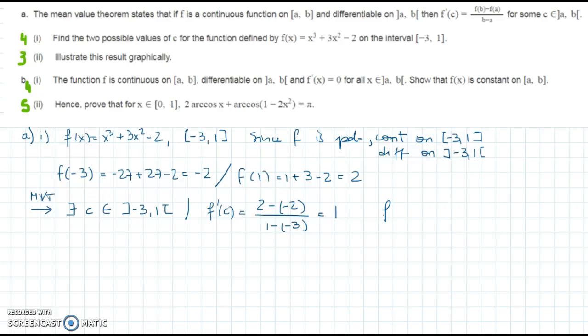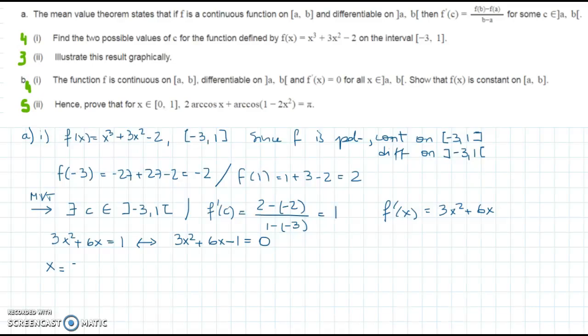So let's write over here what is the derivative of the function. This is 3x squared plus 6x, and we want to find values that make 3x squared plus 6x equal to 1. So we are trying to solve the quadratic equation 3x squared plus 6x minus 1 is equal to 0. And we just go ahead and apply the quadratic formula to solve this.